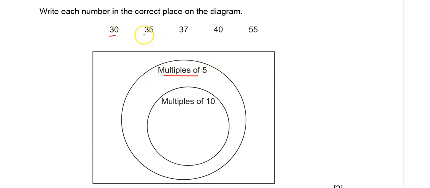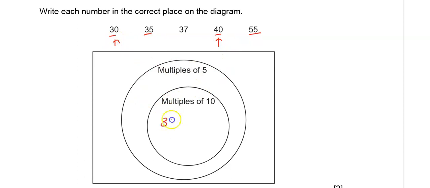30 is a multiple of 5. Any number ending in 0 or 5 is a multiple of 5. So, 35 is a multiple of 5, 40 is a multiple of 5, 55 is a multiple of 5. But what are the multiples of 10? Of course, multiples of 10 are also multiples of 5. So therefore, multiples of 10 include 40 and 30.